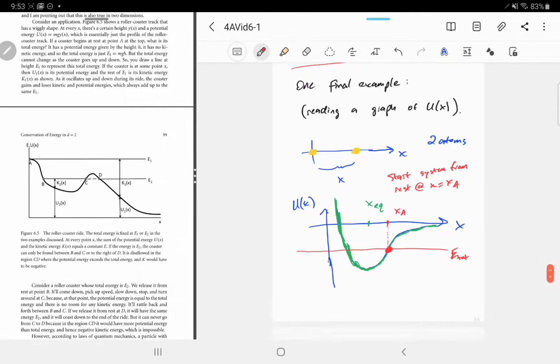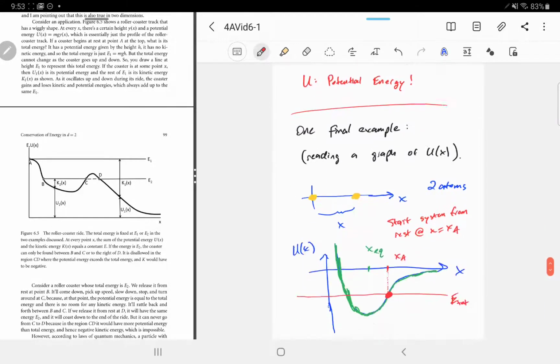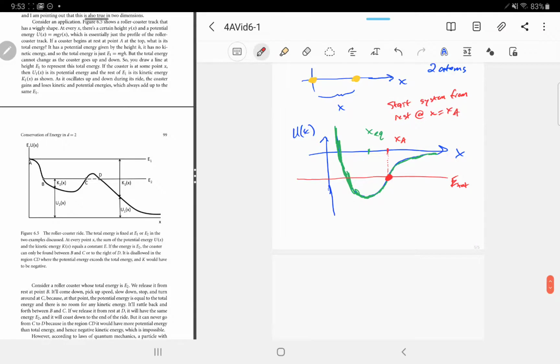Remember, as long as you only have conservative forces, mechanical energy is conserved. So if mechanical energy is conserved, then delta potential energy plus delta kinetic energy is equal to 0. As potential energy goes down, if delta U is negative, the kinetic energy goes up by that same amount. No matter where the second atom is, let's imagine this one is much, much heavier, so it's fixed at the origin and can't really move very much.